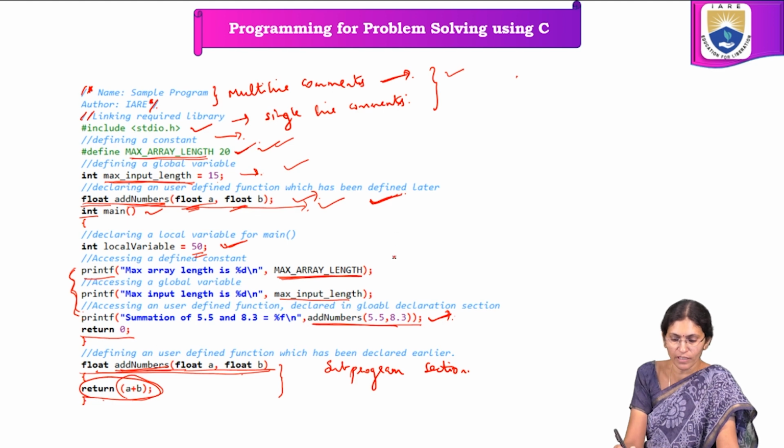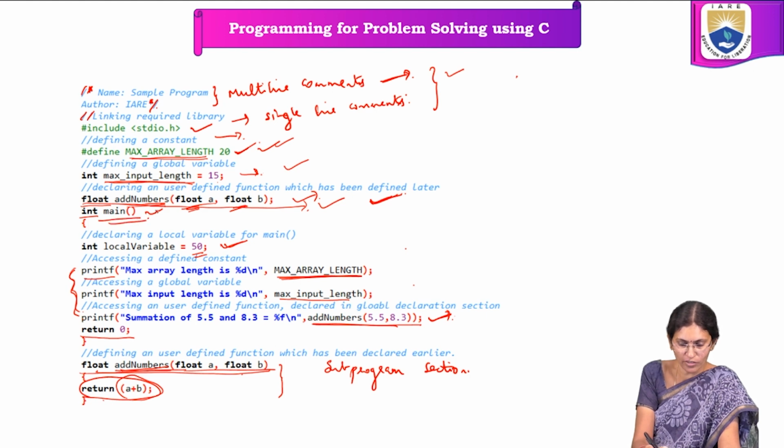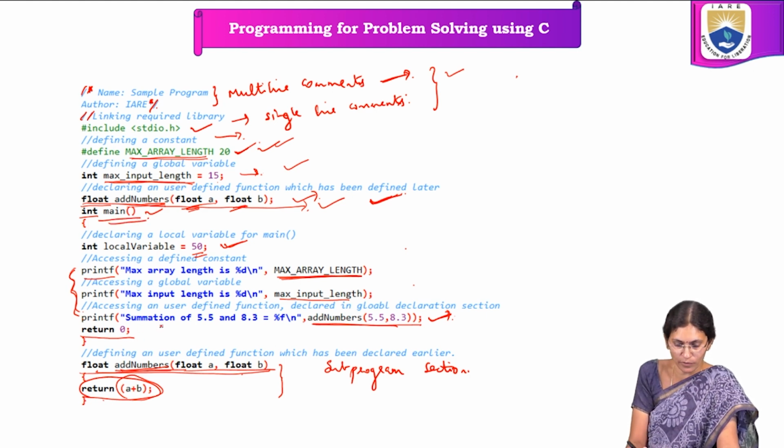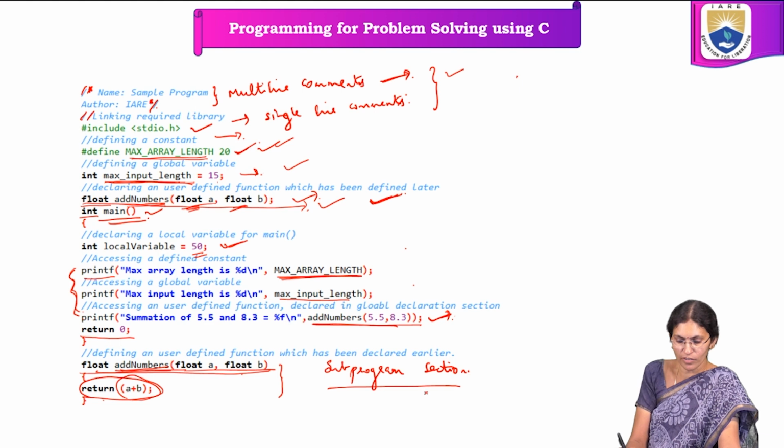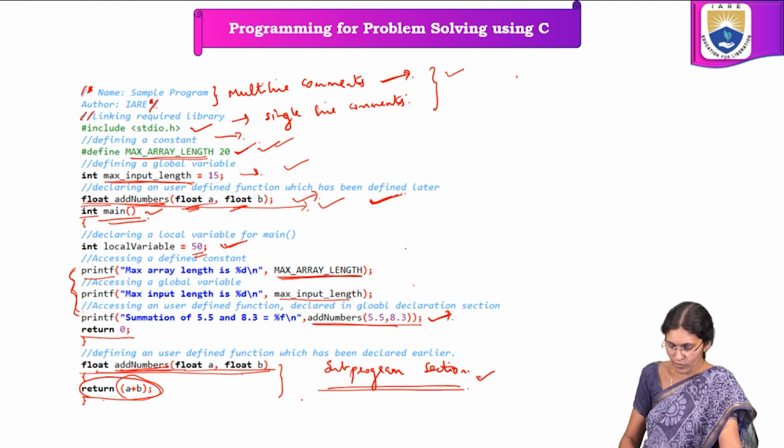Inside the main function we have a declaration and executable part. This is the important section and has to be included in every C program. The subprogram section is optional. If we are using any user defined functions, then it can have a subprogram section, else it is not necessary.